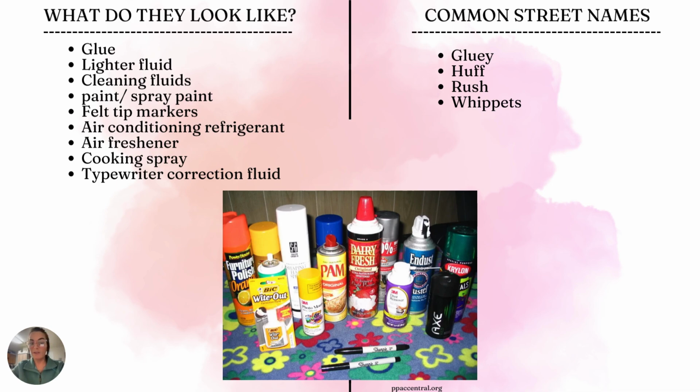There's also duster that people use for their keyboards. There's lots of other inhalants out there, but these are just some that I have listed. And some common street names or slang terms for inhalants could be gluey, huff, rush, and whippets.